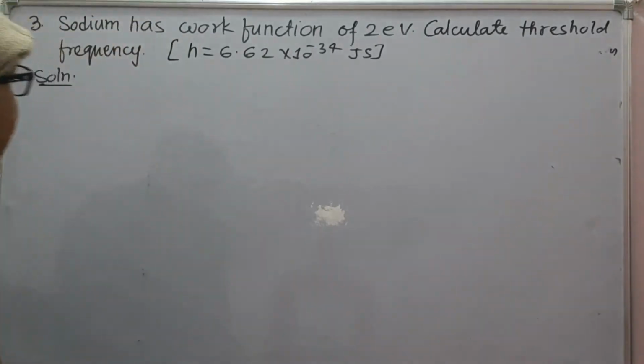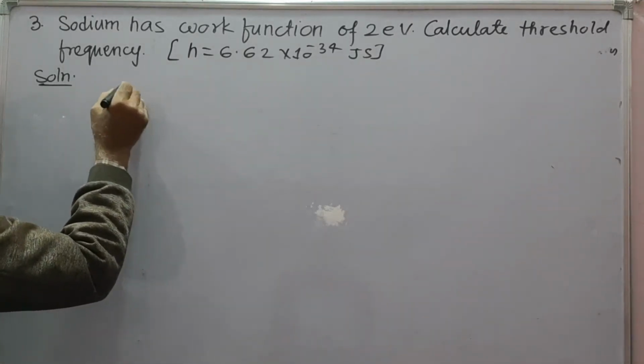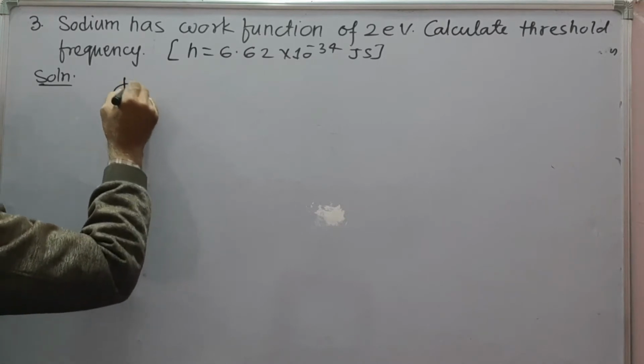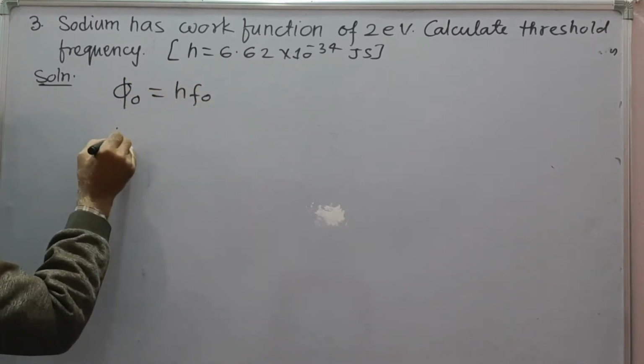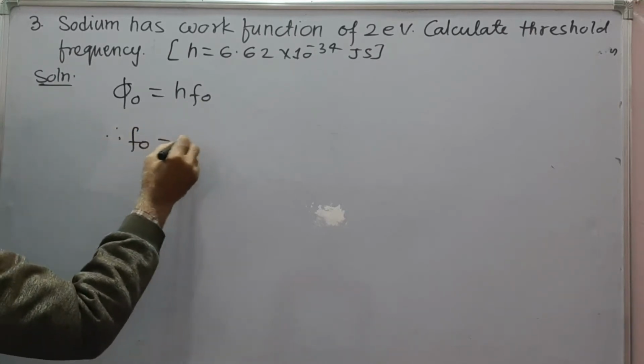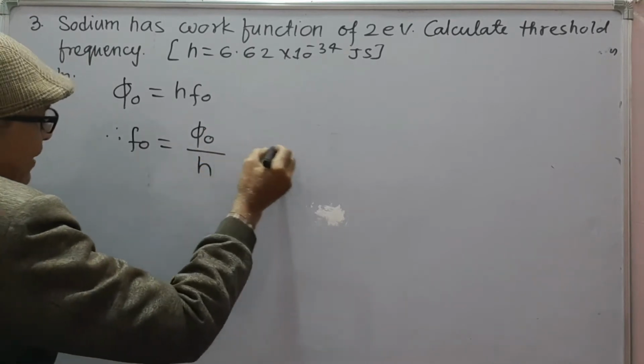Question number 3: Sodium has a work function of 2 electron volt. Calculate the threshold frequency. Now we know that work function is equal to h times f naught. Therefore f naught will be equal to phi naught upon h.